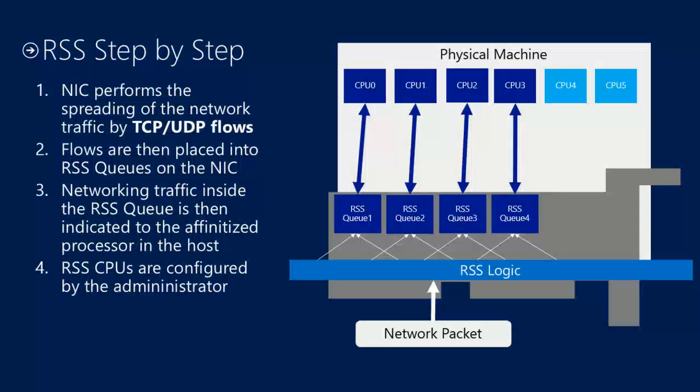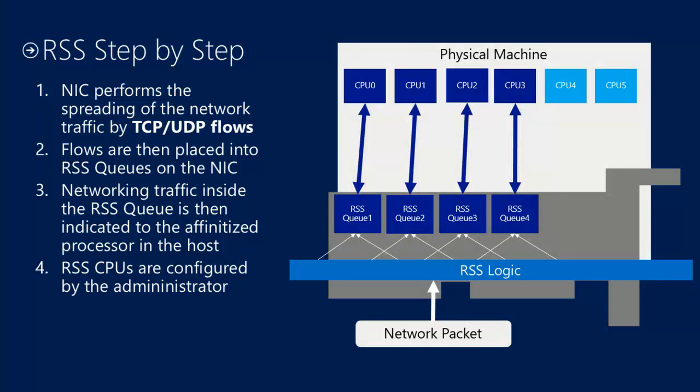So to give you guys an idea of what's going on, you see we have the gray box at the bottom. That's your network adapter. Your network adapter has multiple queues on it. Here we have 4. As a packet comes in, we do RSS logic. And the logic is we basically do a hash on the 4-tuple, which is the source and destination IP addresses and the source and destination ports.